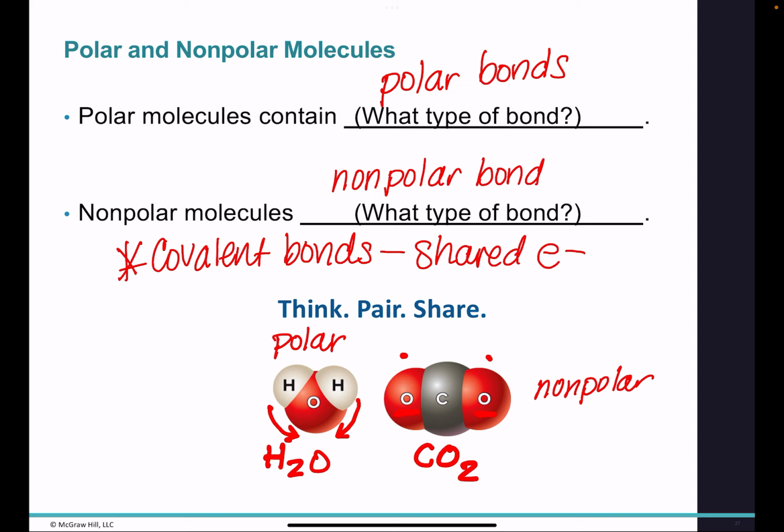And so we don't get the same charge distribution that we might see with a polar molecule where that oxygen is pulling electrons away. So each of these oxygens is pulling equally across that carbon, producing a nonpolar bond. So we don't have any partial charges here. In this polar molecule, we've got the partial positive here because electrons are being pulled away from the hydrogen, and a partial negative because those electrons are being pulled towards the oxygen.